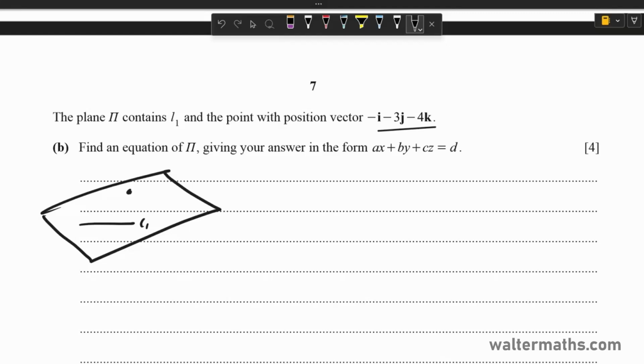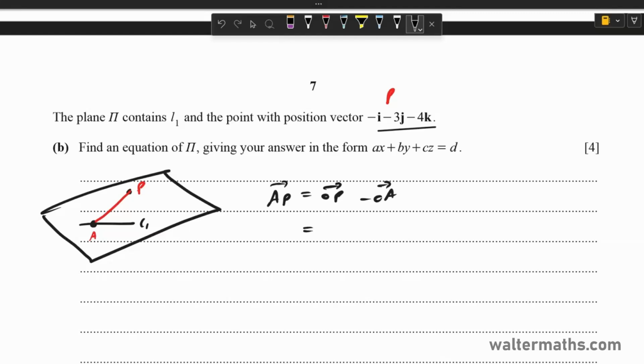So we're going to need to know what the point on the line is so that we can find the vector. So let's say this point is P. And the point on L1, let's just call it A. So we will need to find the vector AP, which is OP minus OA.